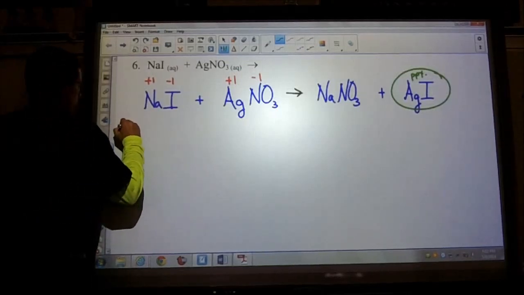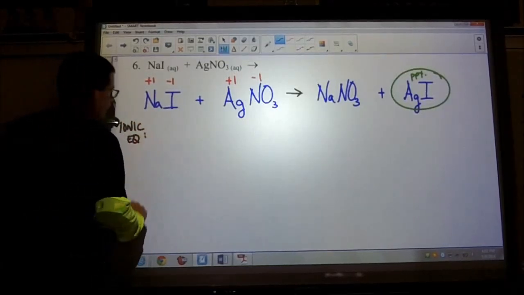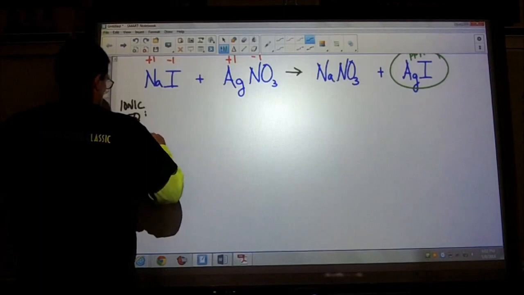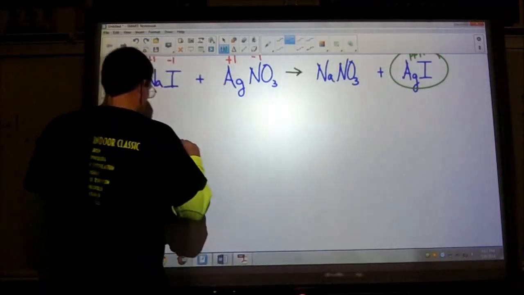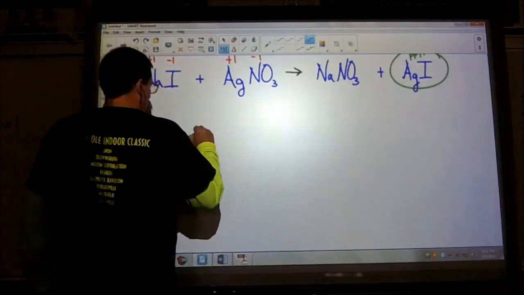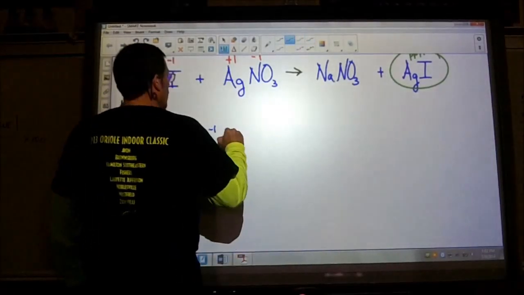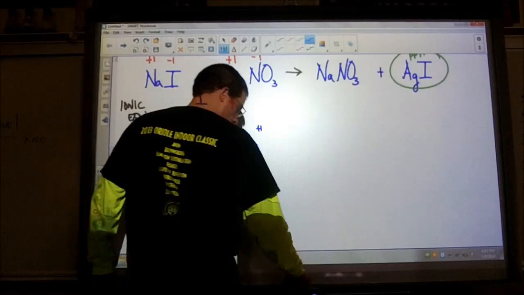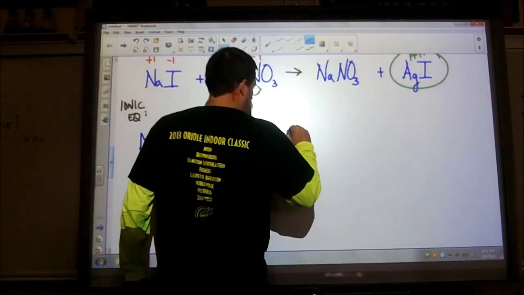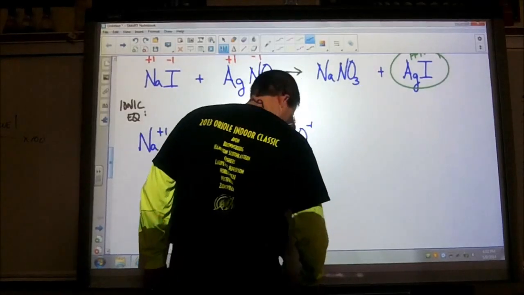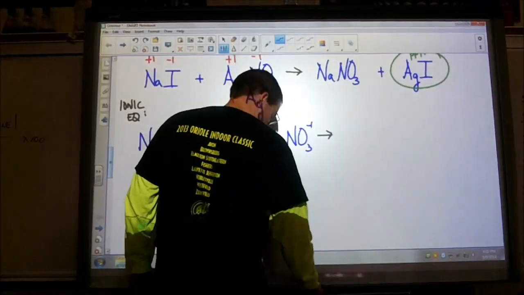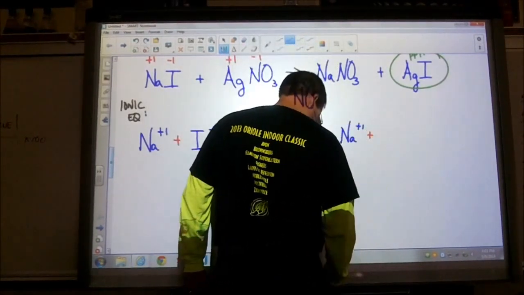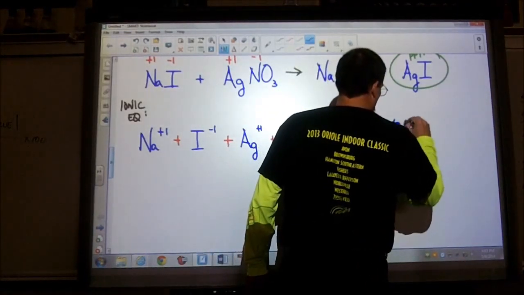So the ionic equation, this is where we have Na +1 plus iodine -1 plus silver +1 and nitrate -1 forms our sodium +1, our nitrate -1.